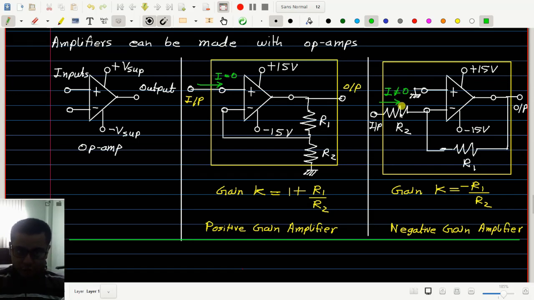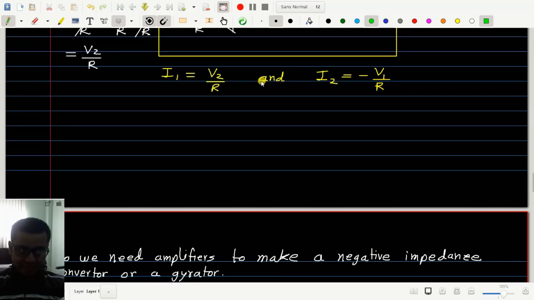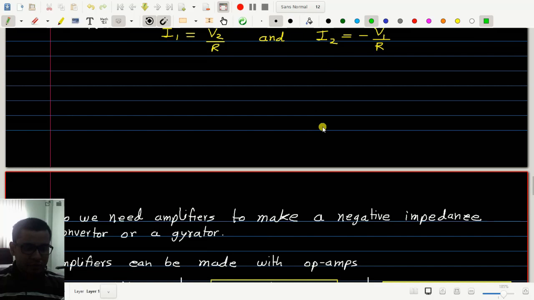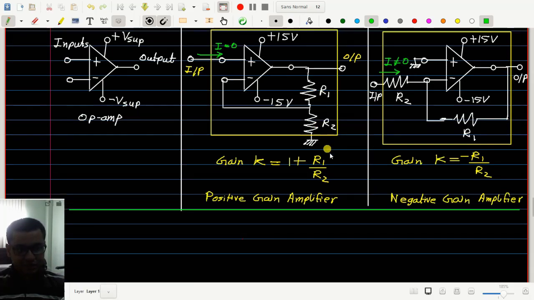So if we use this particular architecture here, then it will draw current from here, which we do not want. So what can we do? One solution is this. We can use a combination of this positive gain and this negative gain amplifier, like this.